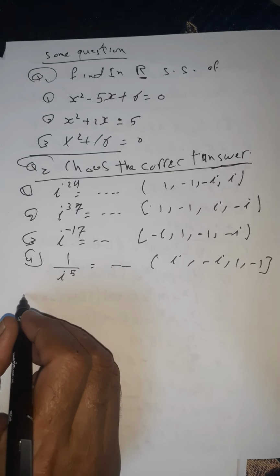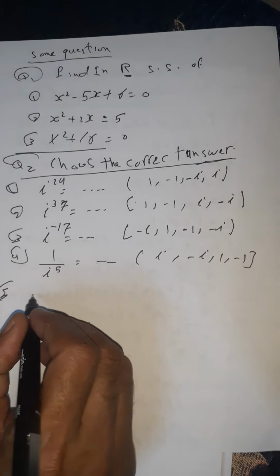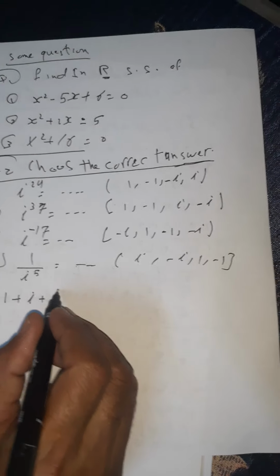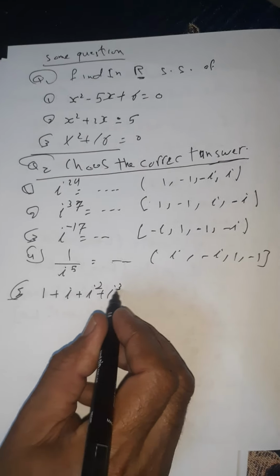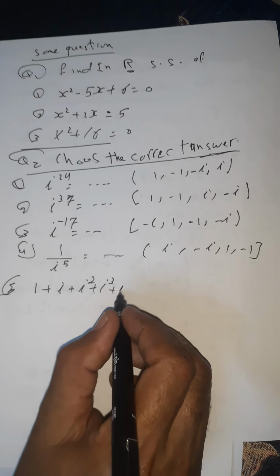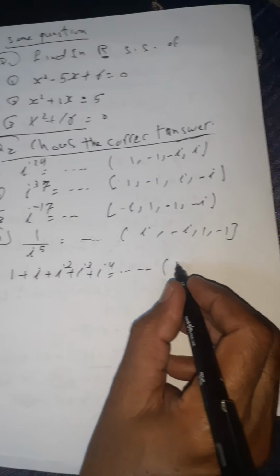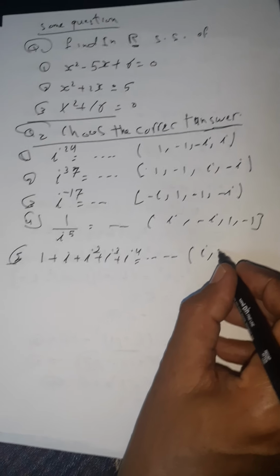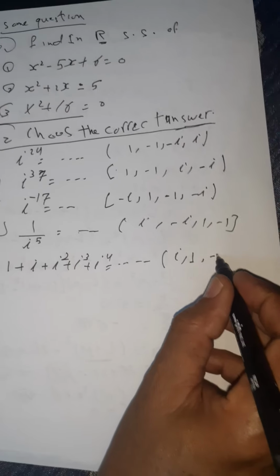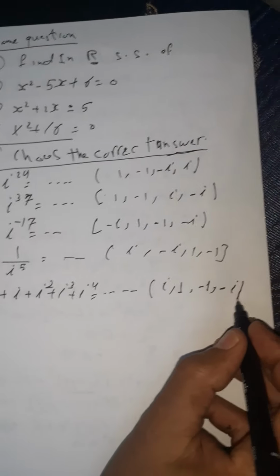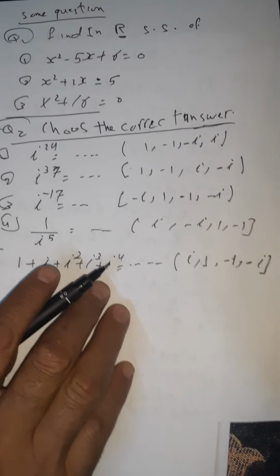Number 5, the important one: 1 plus I power 2 plus I power 3 plus I power 4 equals, I or 1 or negative 1 or negative I. We can choose the correct answer.